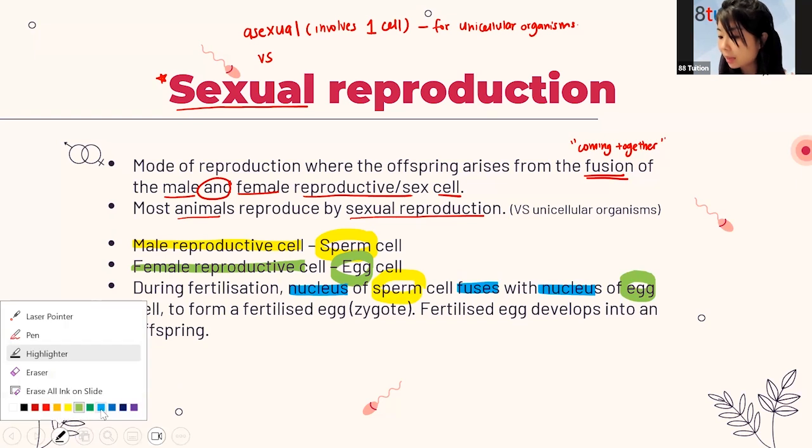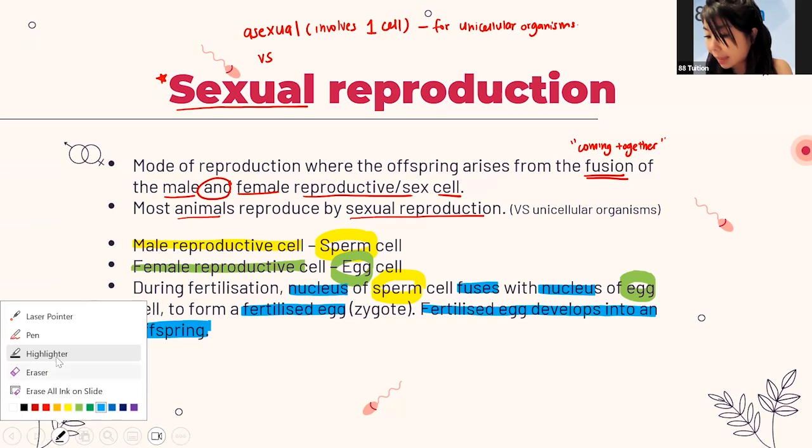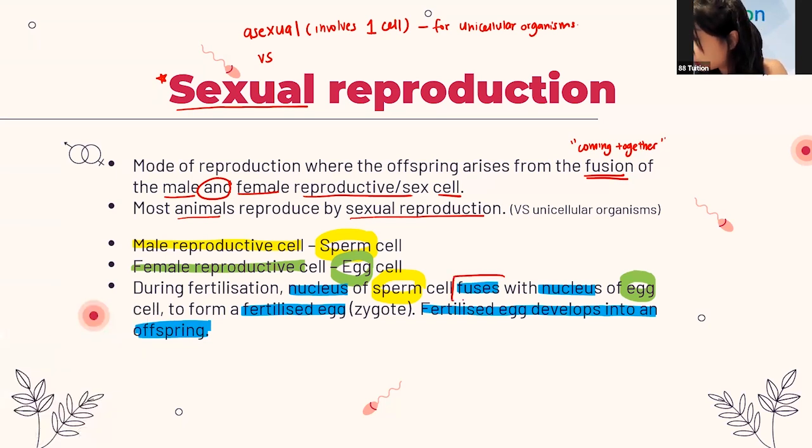And at the end of the day, a fertilized egg will form, and this fertilized egg will develop into the young animal. So the sperm and the egg will come together. The nucleus of the egg and the sperm will join, will fuse. This is a very important word that I need you to learn today. Fuse. All right, and a fertilized egg will form, which eventually develops into the young child or the young animal.